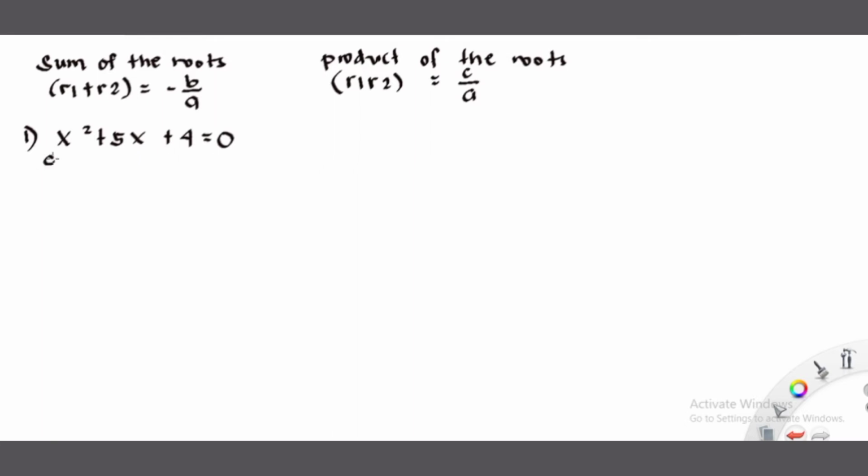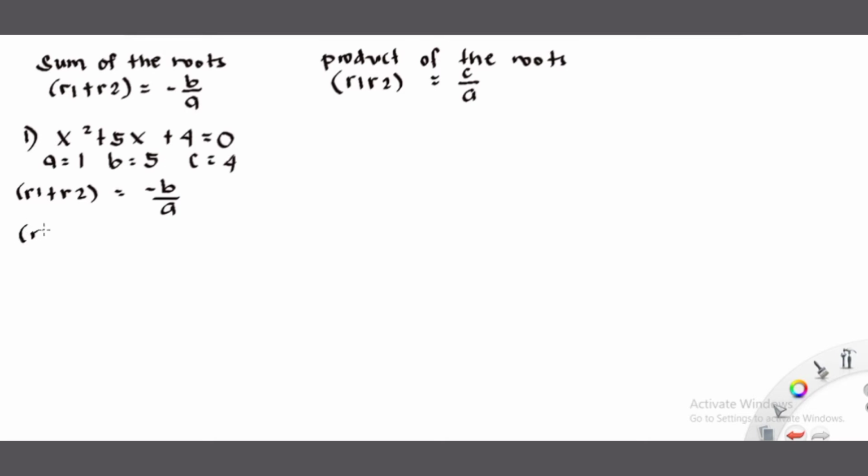So, a here is 1, the coefficient of x squared. B is the coefficient of x, which is 5. And c is 4. Now, let us first solve for the sum. Again, the sum is R1 plus R2, and the formula is negative b over a. Let us substitute the values.